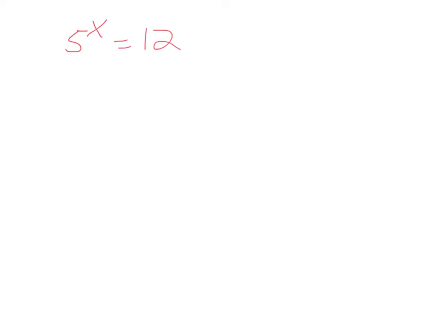I guess usually if I'm dealing with an e inside of my equations, then I'll use natural log. Otherwise, I usually use the common log. But I'm going to take the log of both sides. And remember, log by itself is log base 10.